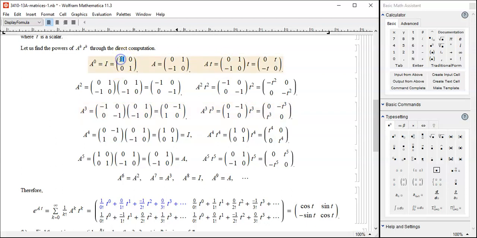So 1, and then 0, and negative t squared, 0, positive t to the fourth power, 0, and negative t to the sixth power, 0, positive t to the eighth power, and so on and so forth.